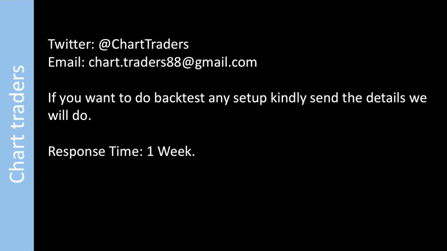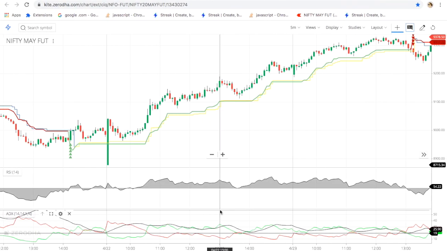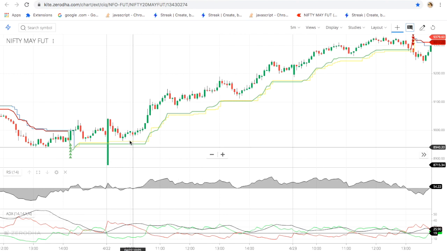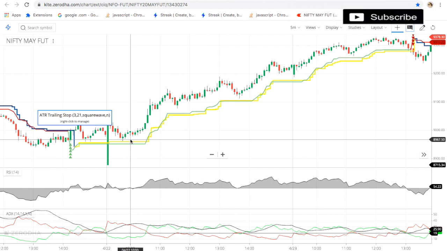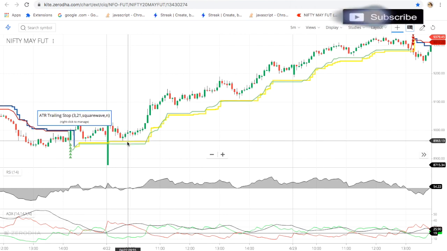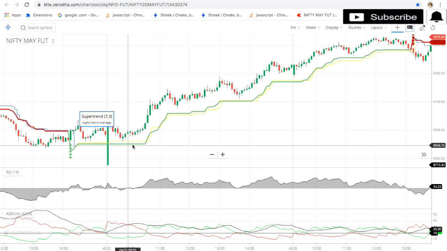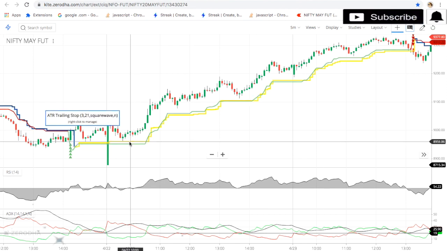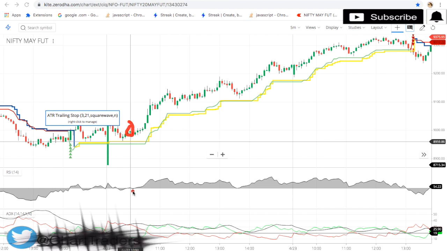So in the chart, if you want to buy, see the buy condition. Here, the price is above the ATR trailing stop loss and Super Trend. Now in this candle, does RSI cross 50, yes or no, and is ADX higher than 25?